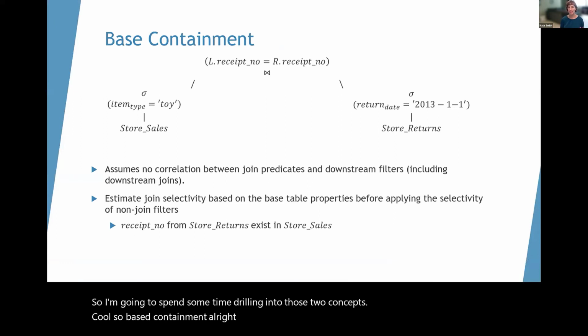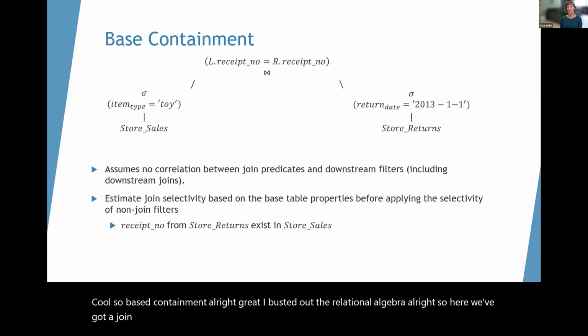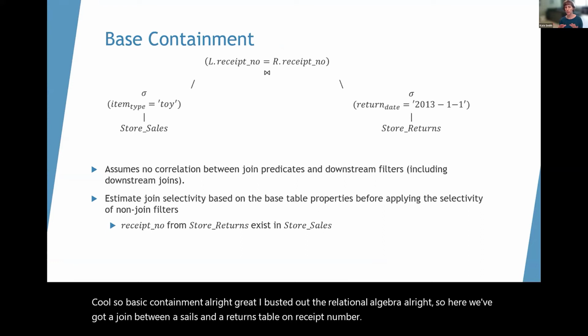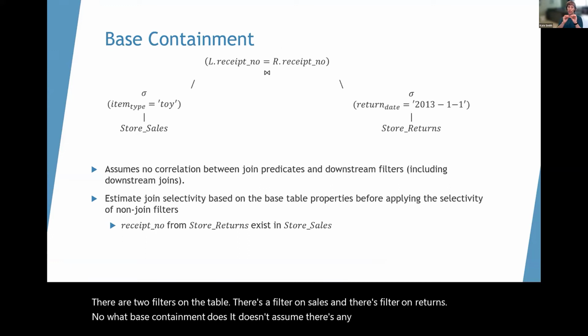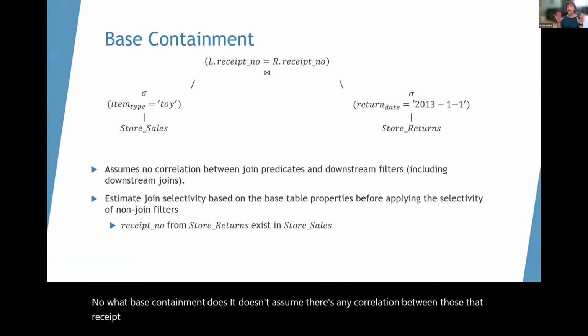I busted out the relational algebra. Here we've got a join between a sales and a returns table on receipt number. There are two filters on the tables. There's a filter on sales and there's a filter on returns. Now, what base containment does is it doesn't assume there's any correlation between that receipt number join predicate and any of the downstream filters.